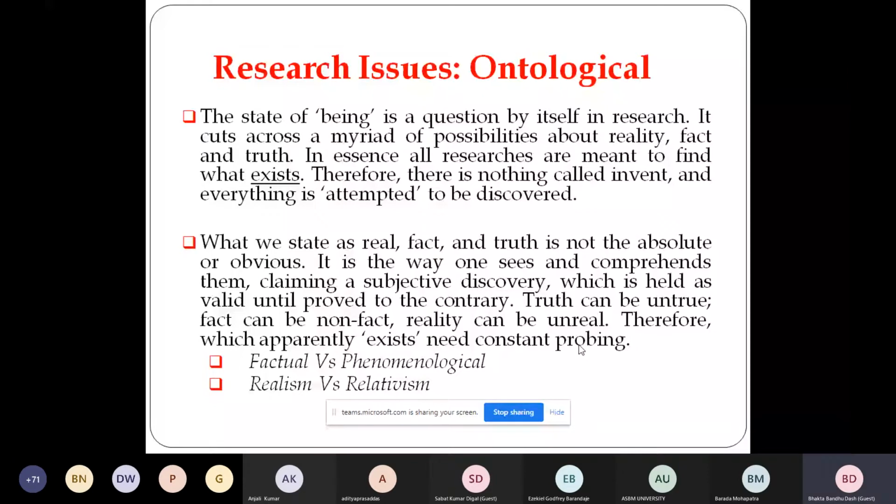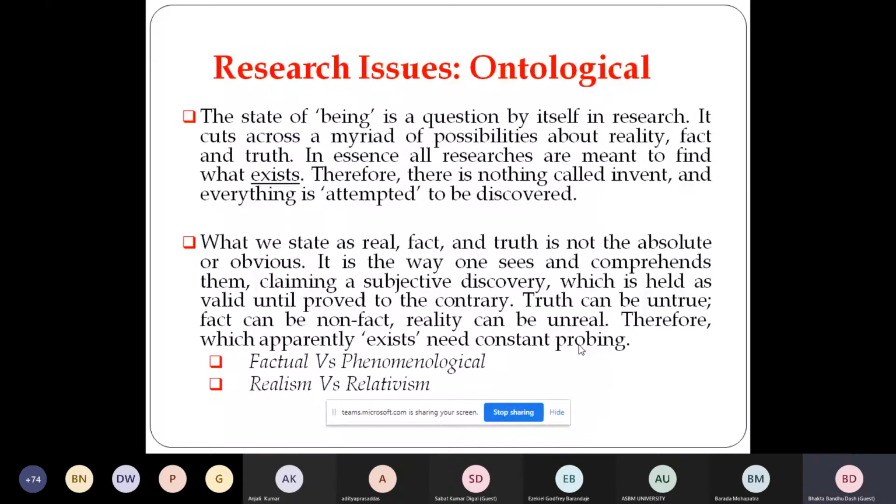But that may not be the actual truth you are talking about now. So ultimately, it is the way to see and comprehend those and claim the subjective discovery, which is held as valid until proved to the contrary. So till it is not yet proved differently, it is valid.